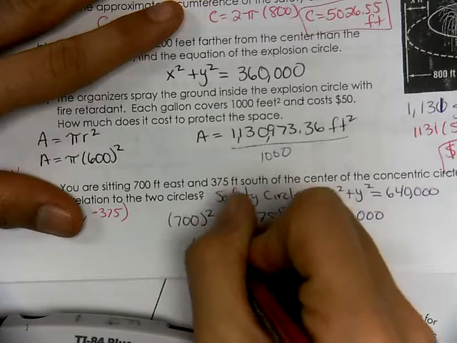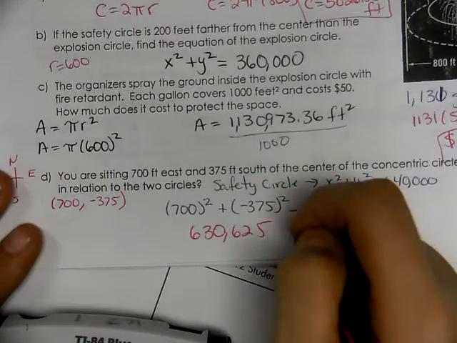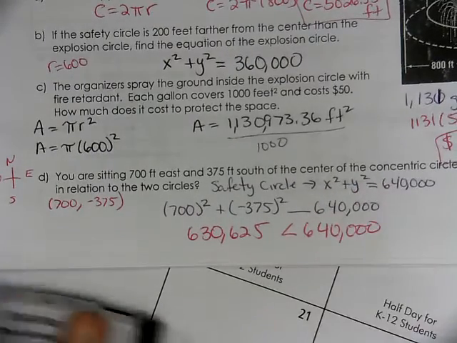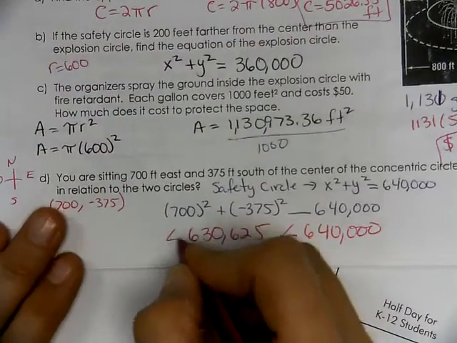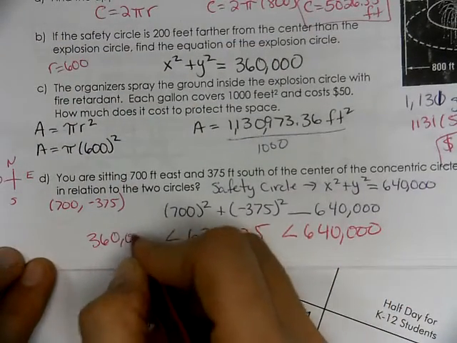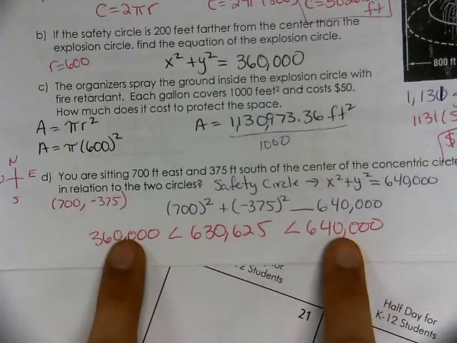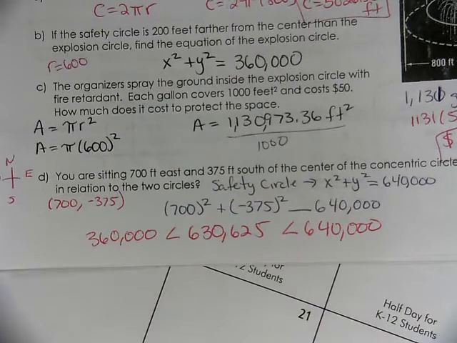So you get 630,625. That is less than 640,000. And it's more than 360,000. So it's in between the explosion circle and the safety circle. So I'm in between the two circles.